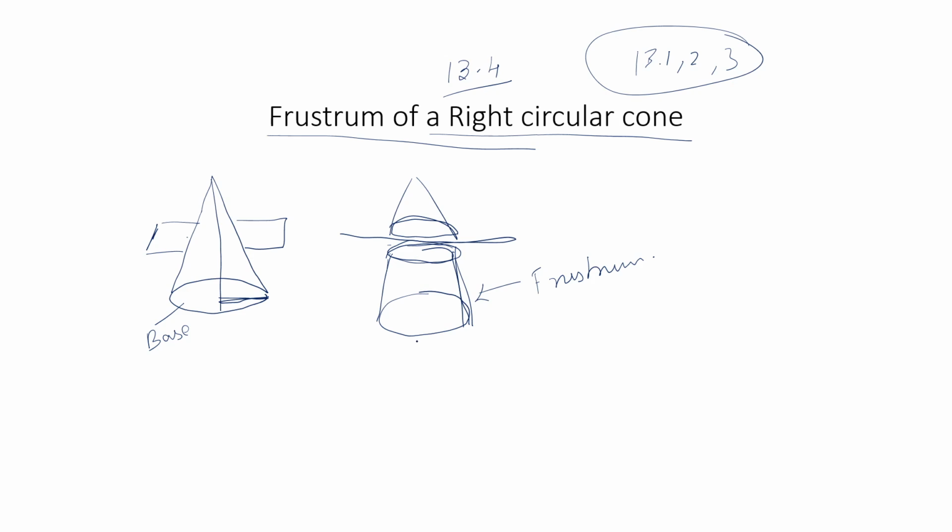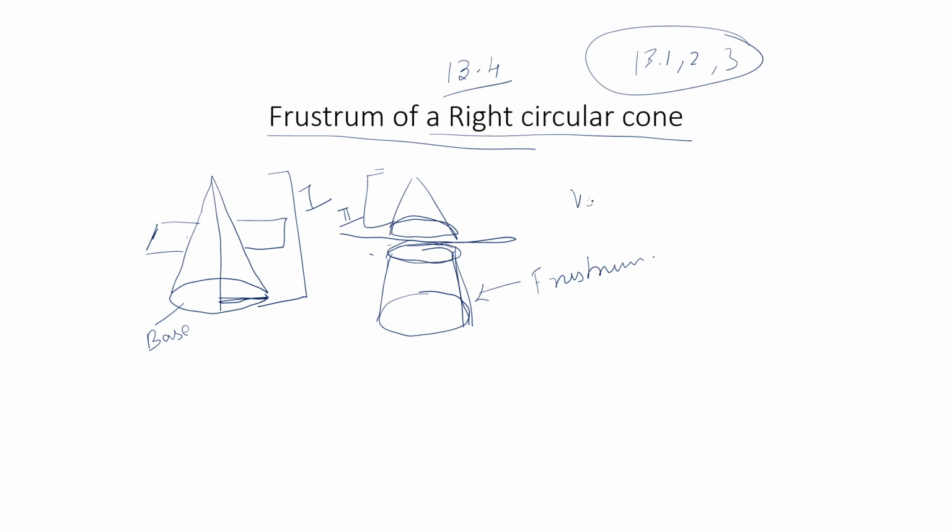So how can we find the volume of the frustum? We can find the volume, the curved surface area and the total surface area. This is the whole cone, cone 1, and suppose this top one is 2.